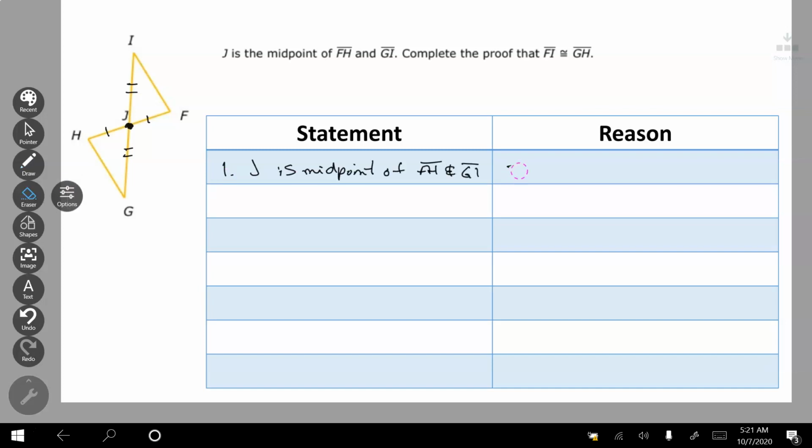That is just given to me. Step 2. HJ is congruent to FJ.